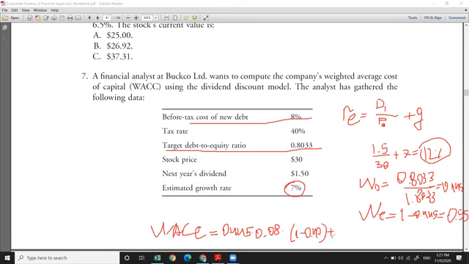and plus the proportion of the equity, 0.55 times the cost of equity, which is 12%. And this is equal to 8.8%.